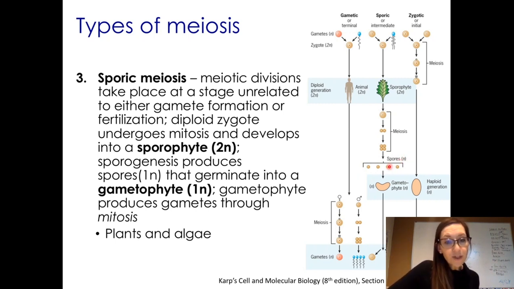And then those spores grow to form the gametophyte haploid generation. Those gametophytes, just through mitotic division, can form the gametes. They don't have to undergo meiosis. So you can see here the genetic information is being shuffled at different points in these three different types of organisms. This sporic form of meiosis is observed in many plants and algae.